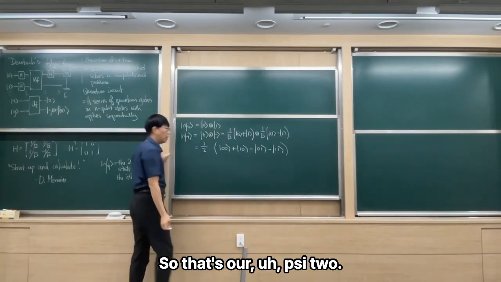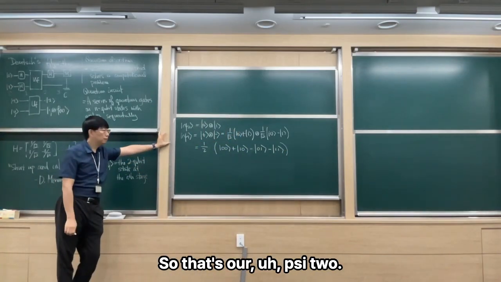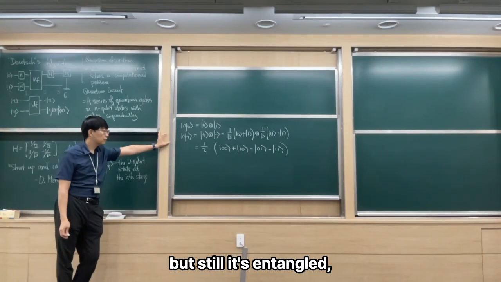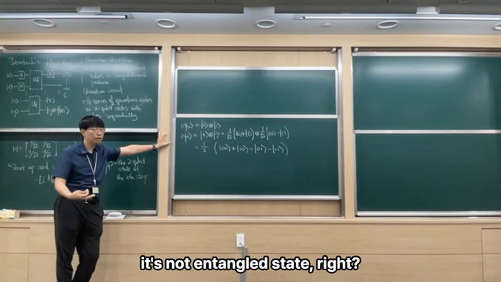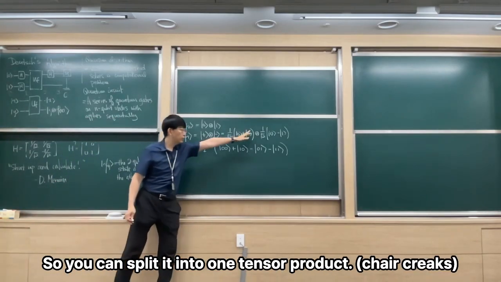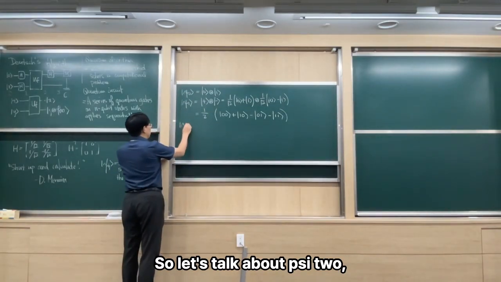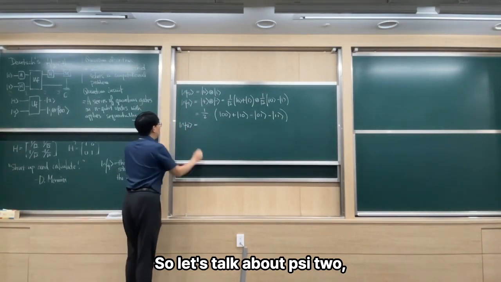So that's our psi 2. It's a superposed state, but it's not an entangled state, right? You can split it into one tensor product. So let's talk about psi 2.